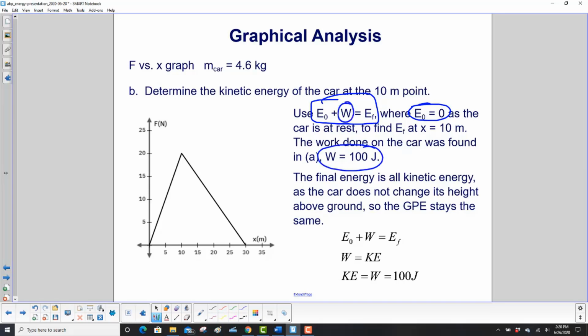So we have 100 joules equal to final energy. The final energy is all kinetic energy. We didn't talk about the car changing height at all, so we'll assume it's at the same height the whole time. Because the initial energy is 0, the kinetic energy equals the work. So it's 100 joules.